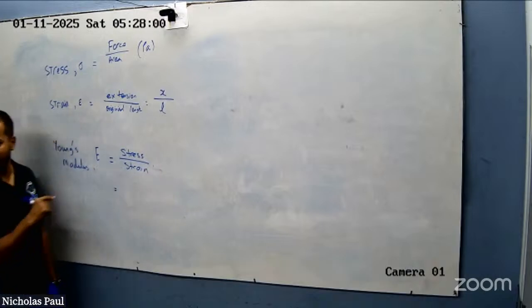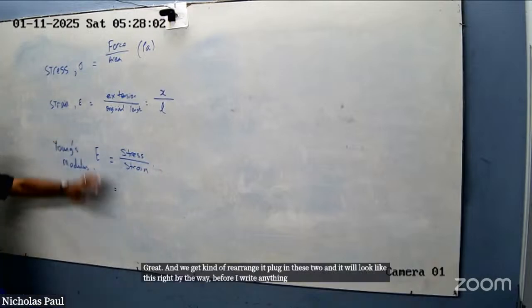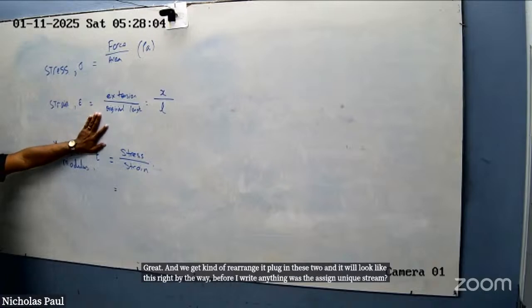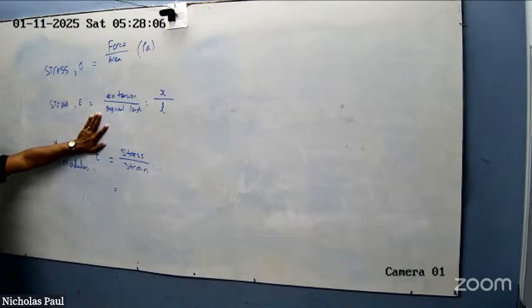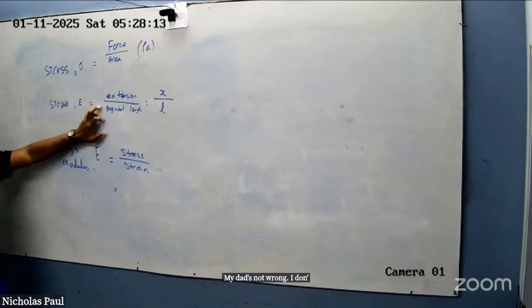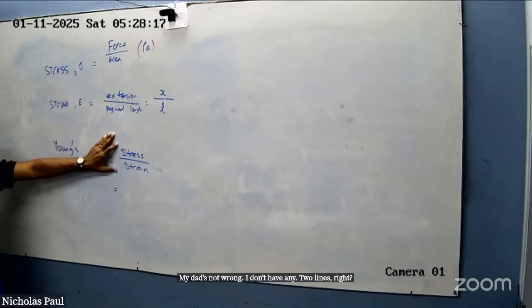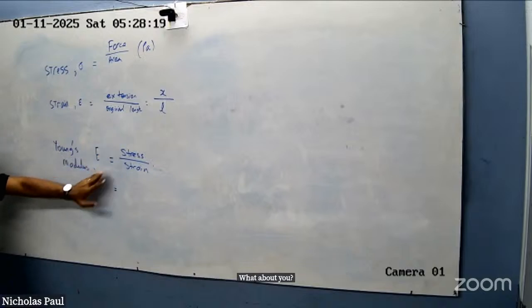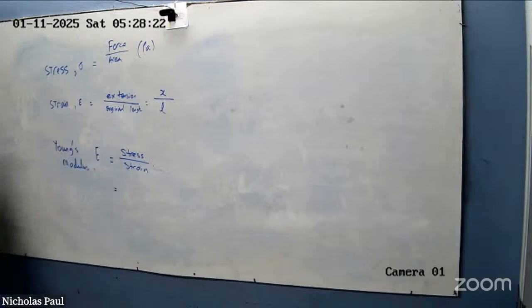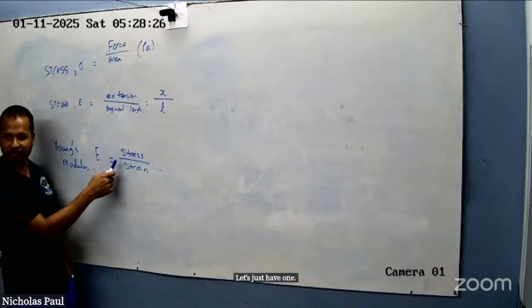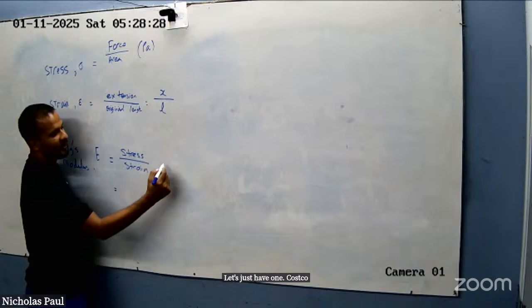By the way, before I write anything, what's the SI unit for strain? It's a ratio of two lengths, so it has no unit. What about Young's modulus? Stress has pascals, so the SI unit is pascals.